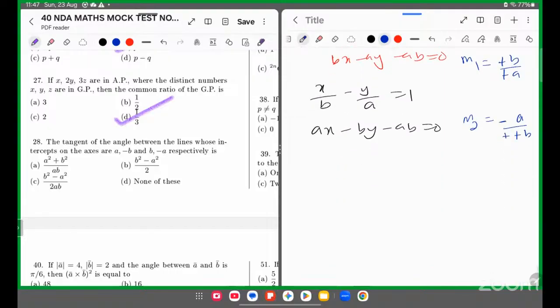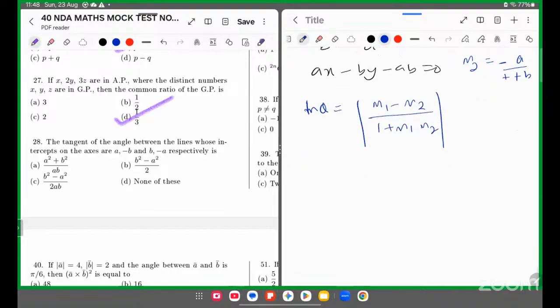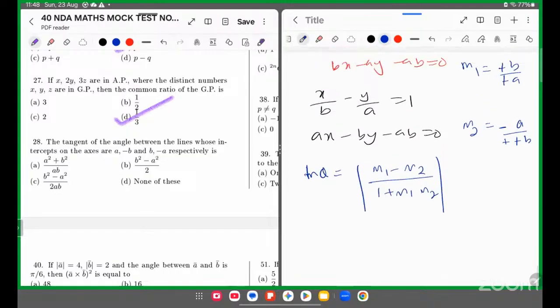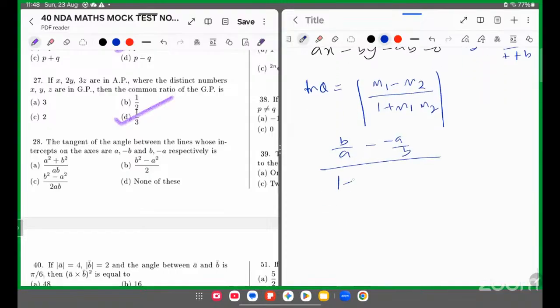So what is the angle between these two? Tan theta, we can write it as m1 minus m2 by 1 plus m1 m2. So m1 minus m2 becomes b by a minus a by b, divided by 1 plus b by a into minus a by b, a cut, b cut.